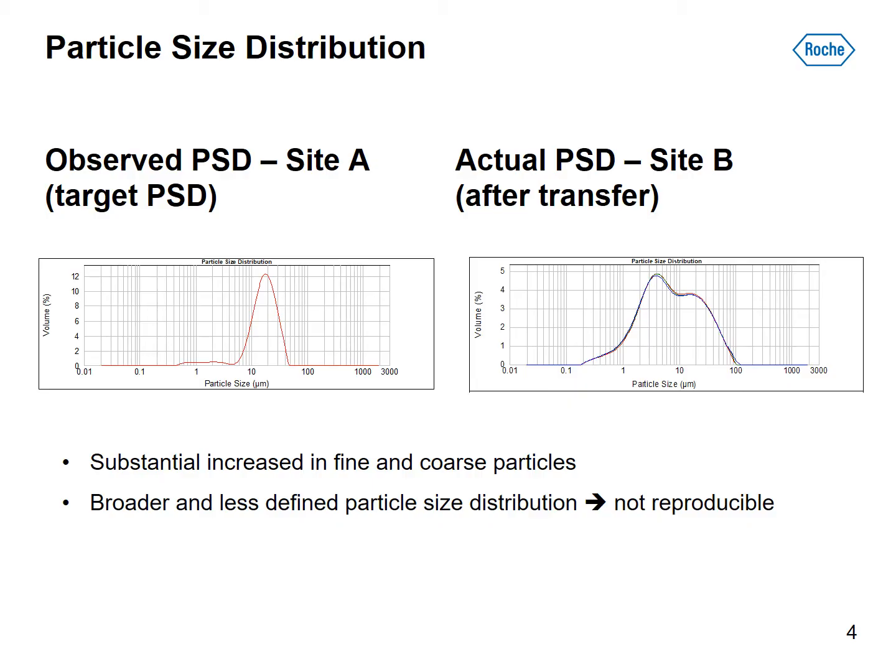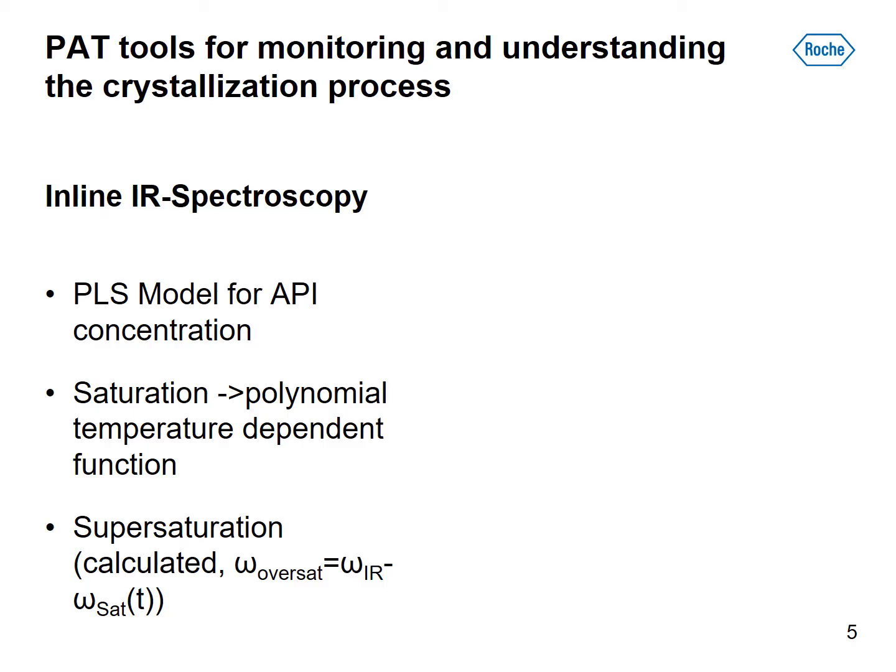From this point of view, it can be said that the process was not reproducible and we had to do some further investigations. To find the cause of the different particle size distribution between the site A product and the product of our experiment, we equipped an Optimax reactor with a 45M IR spectrometer from Mettler Toledo.